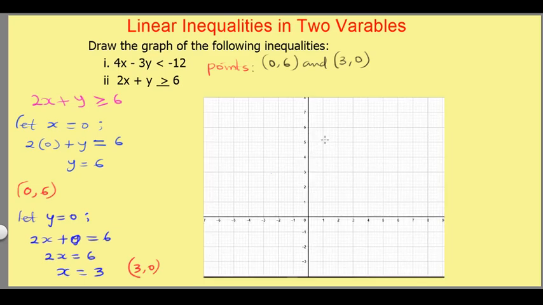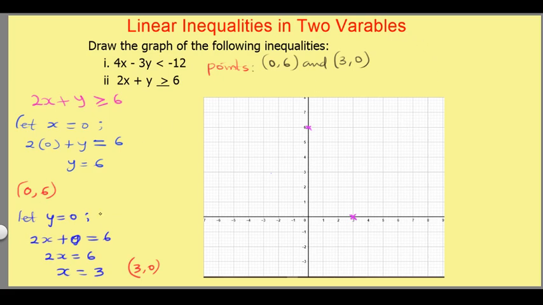So on this graph now, let's interpret the points that we have, which are when x is 0, y is 6. This is the point. When x is 3, y is 0. So these are the 2 points that will form our straight line.